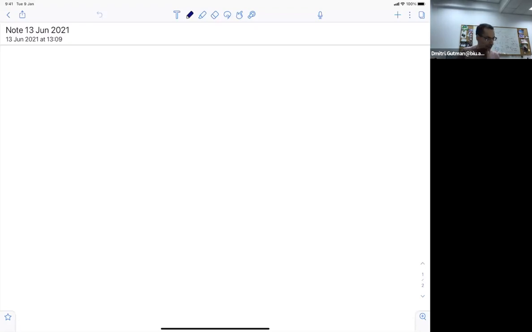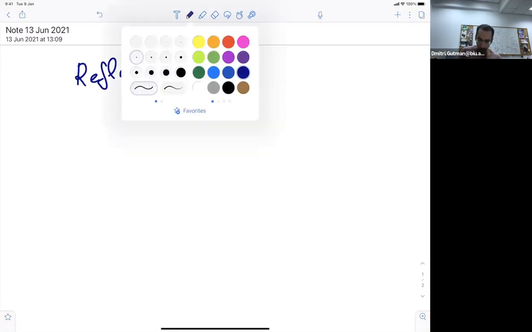Okay, so let's switch to English and let's discuss the next subject, which is reflection symmetry. So, okay, we all know what reflection is.